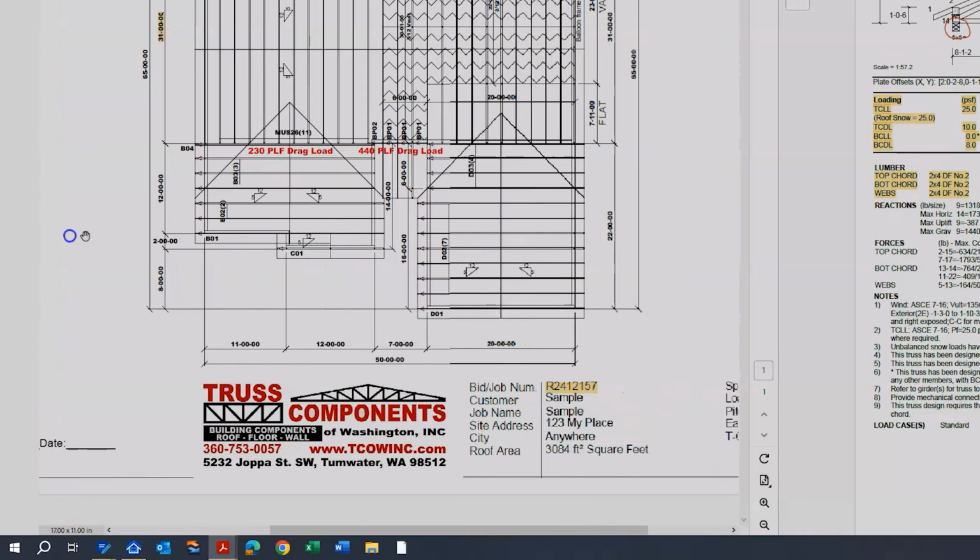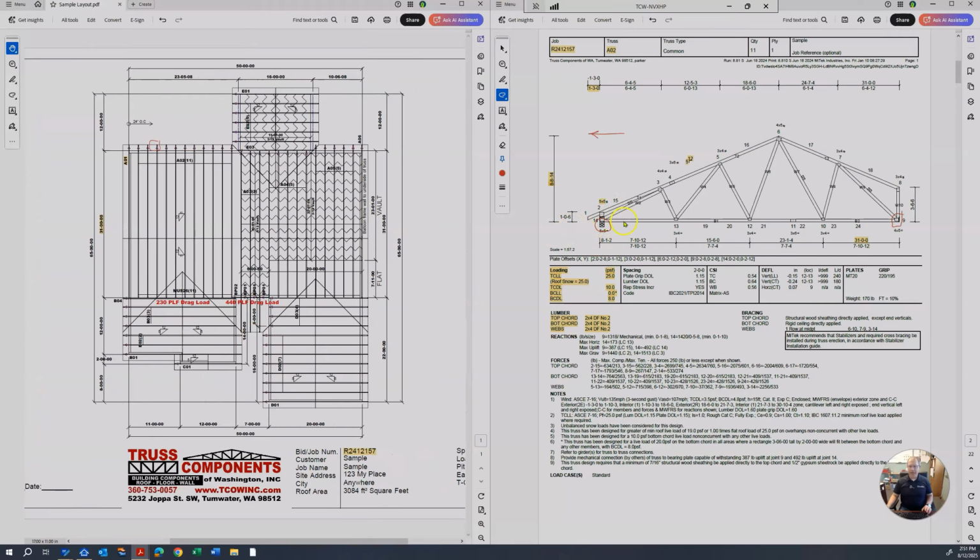So that means that this left end of the truss over here is represented by this wall and this end of the trusses. And so our top of wall bearing is on that end. And then we're connecting to a girder truss over here where we show a hanger. So this is relevant to our placement plans.